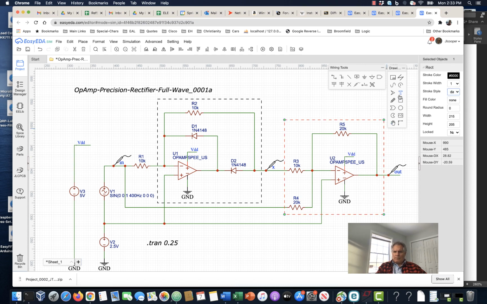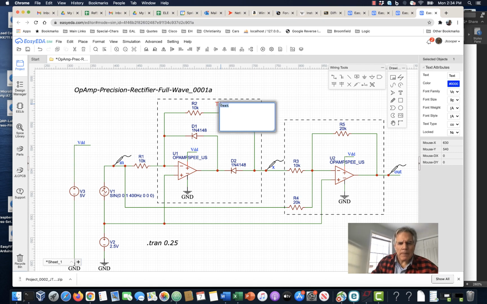And this guy right here is a precision half-wave rectifier circuit.